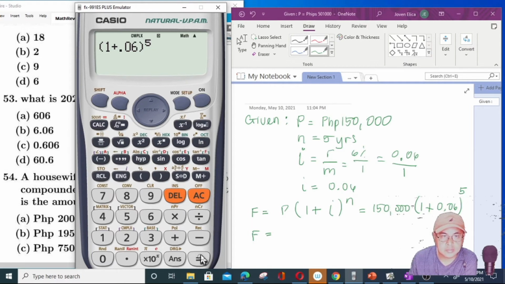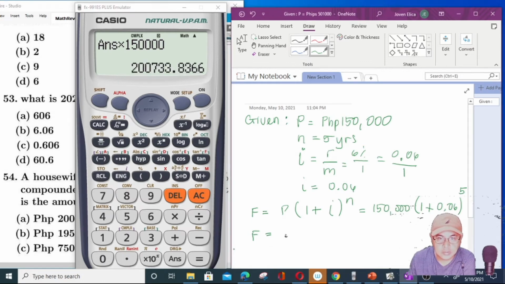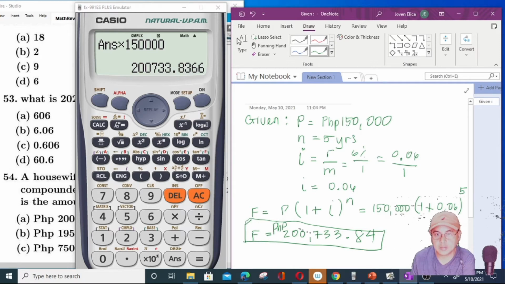That is equal to 1.3 multiplied by 150,000, which is equal to 200,733.84 pesos. This is pesos. That will be our answer.